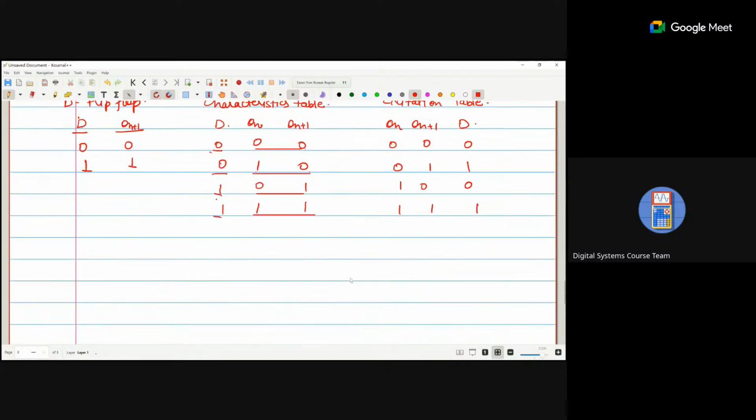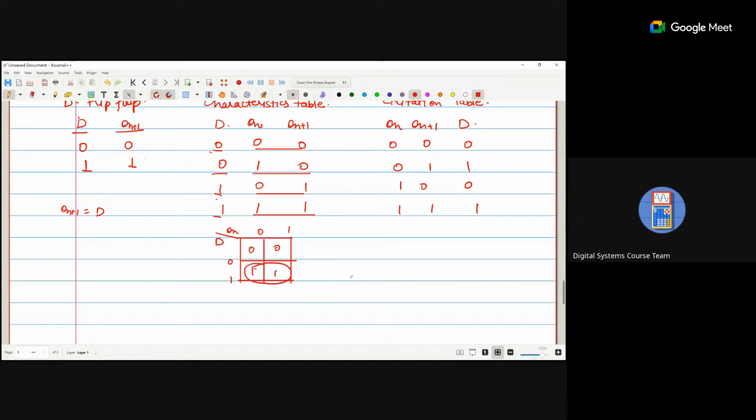With the help of this, I can say that Qn plus 1 is simply D. From this, I have to draw a K-map between D and Qn. This is simple, so no need to draw a K-map. 0, 0, it is 0. 0, 1, it is 0.